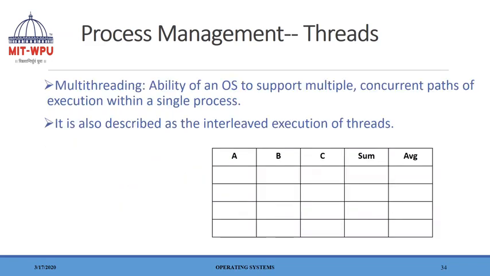For example, if we consider a Word doc file, while editing a Word doc file, one thread is created for that process. The job of that thread is to save the content after some duration to the secondary storage.